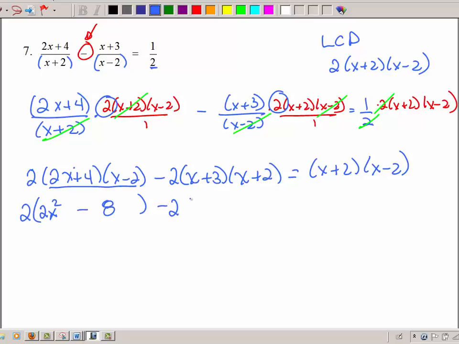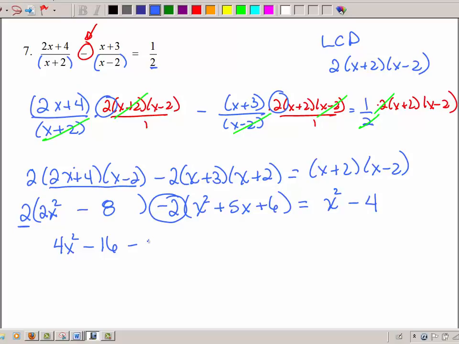And again, I'm going to keep that minus 2 and FOIL this out. So that's x squared plus 2x plus 3x. That's plus 5x plus 6. FOIL this, and you should know, hey, that's the difference of 2 squares. The middle terms cancel. Now I'm going to distribute those 2's. So I have 4x squared minus 16.